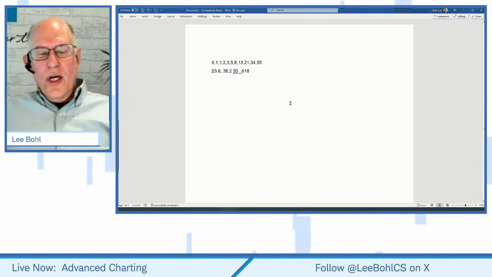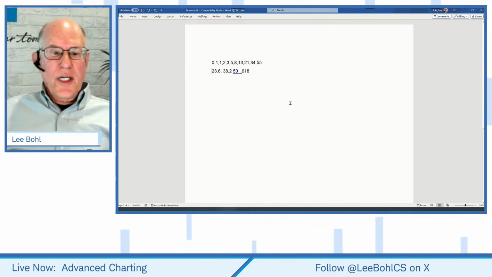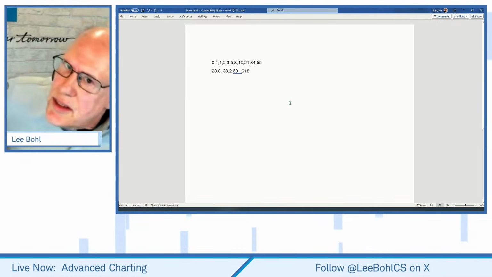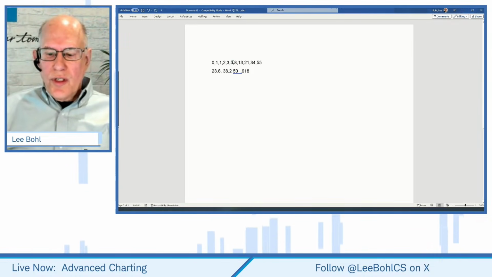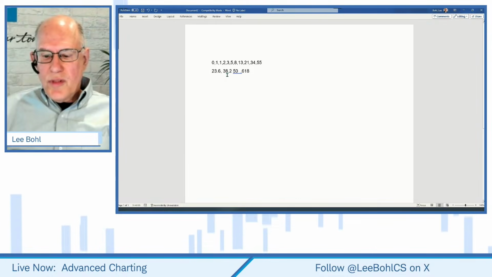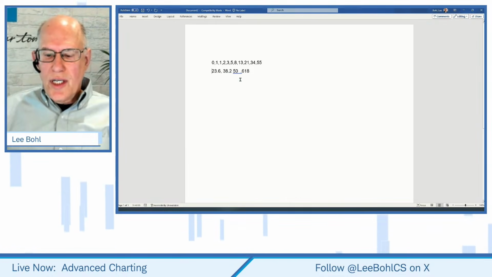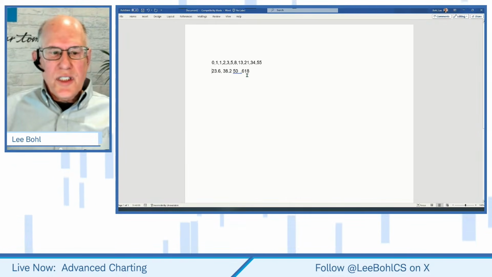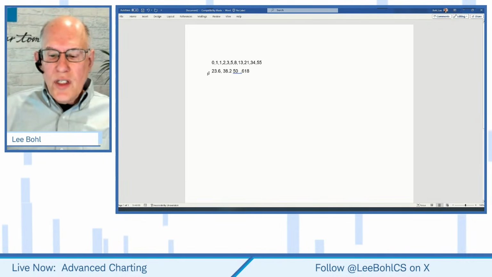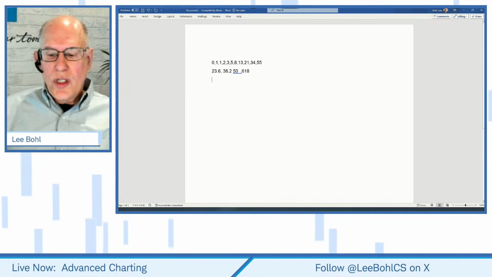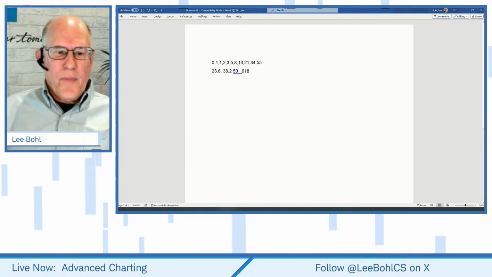So these are typical retracement levels that you probably see on many Fibonacci tools, the 23.6% retracement level, the 38.2%, the 50%, and the 61.8%. There's other ones as well, but these are the main ones. So that's what we're going to be using today.